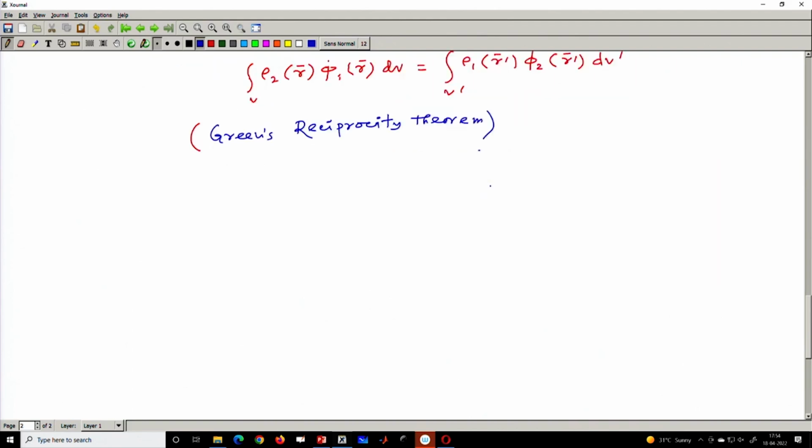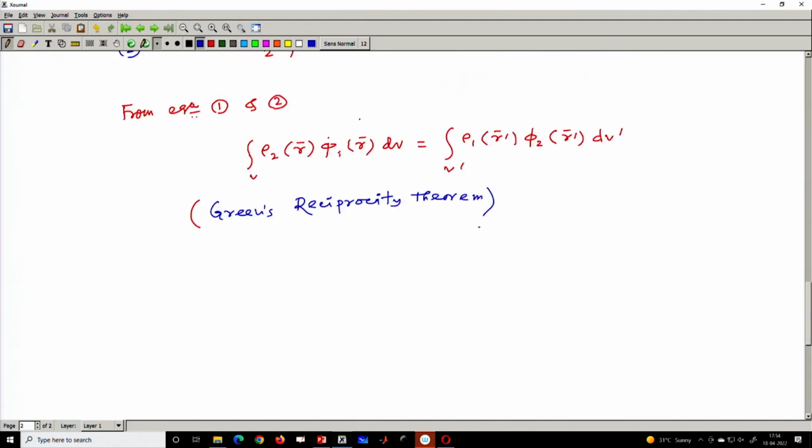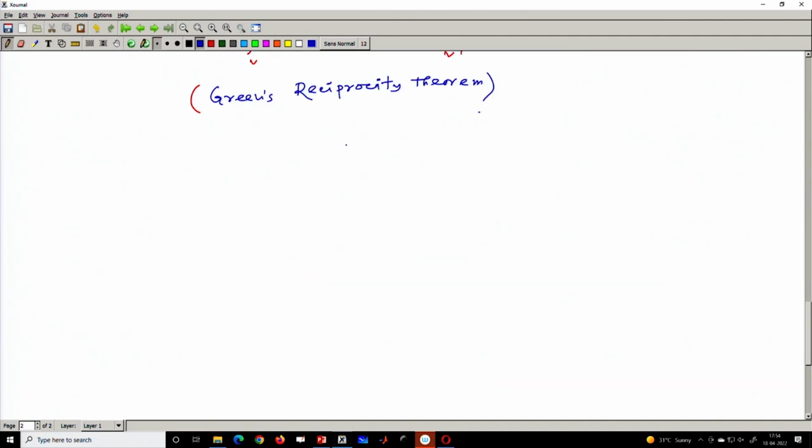So, what it says, let me write it down and then briefly explain. From the expression we can see that I can have two charge distributions. Suppose I have a charge distribution here and say another charge distribution here. I am just drawing two different symbols to make sure that you can realize two different kinds of charge distribution.